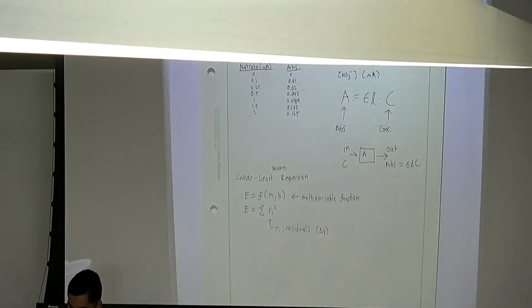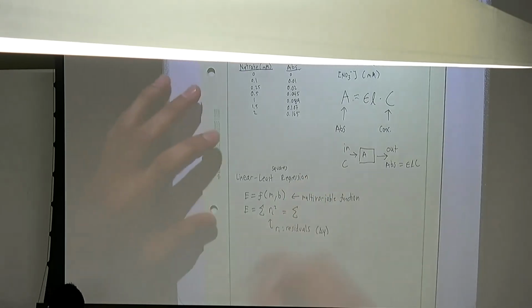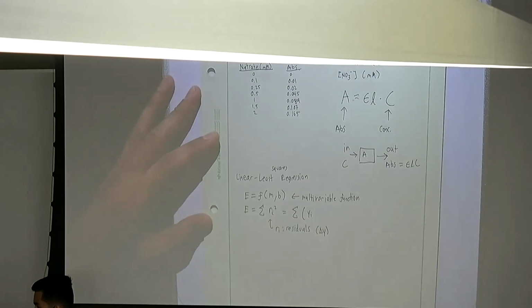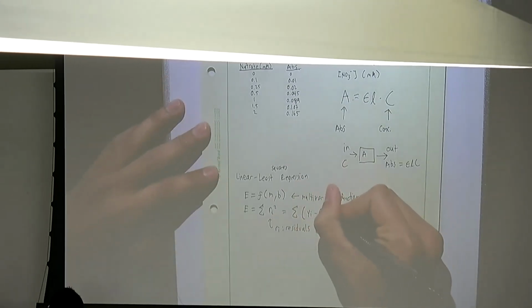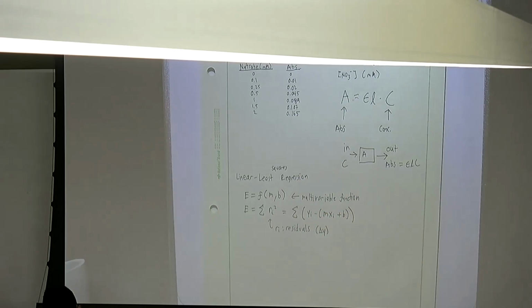So delta y, that's just going to be the sum of yi minus mxi plus b. And this is squared. Okay? So our goal is to minimize this.